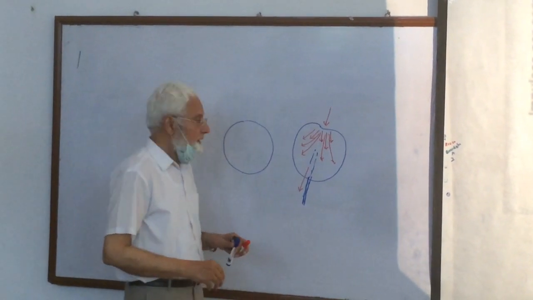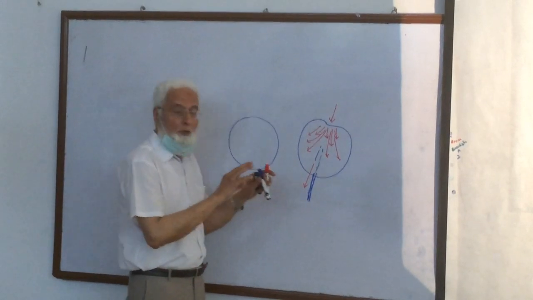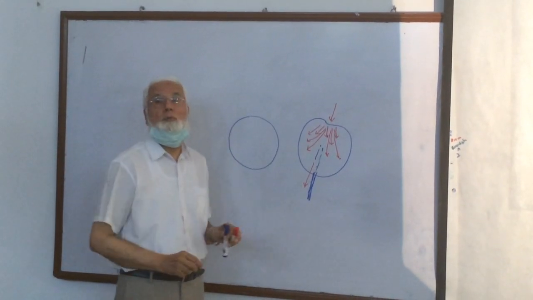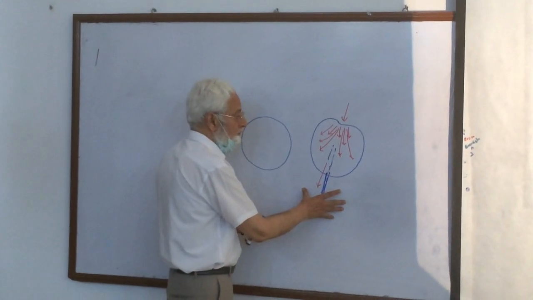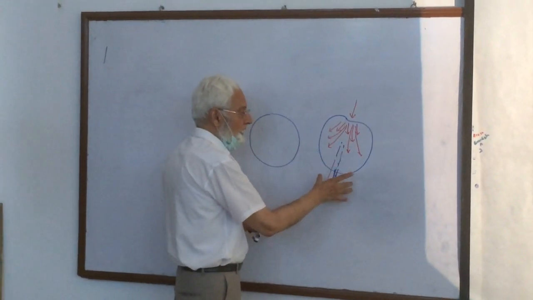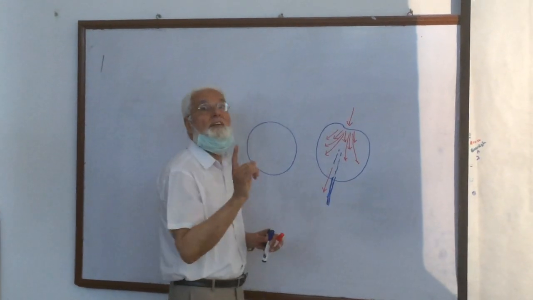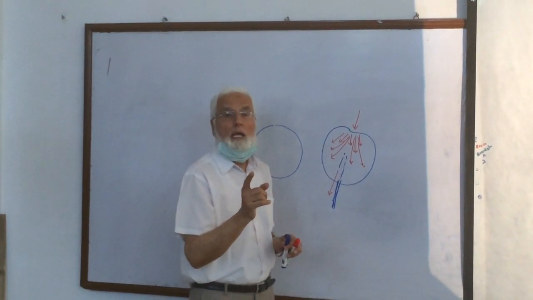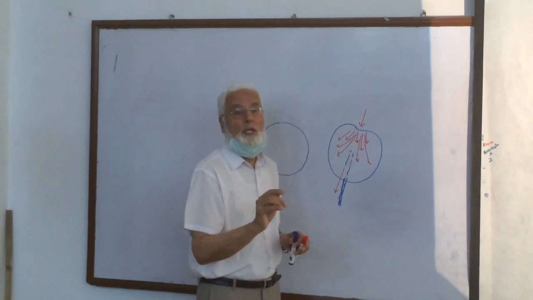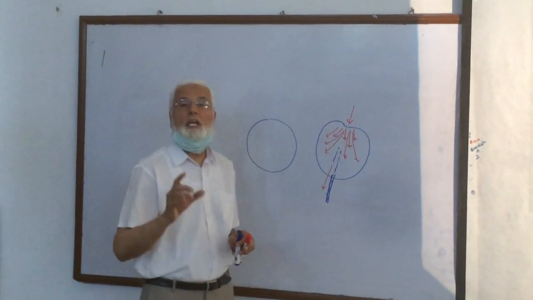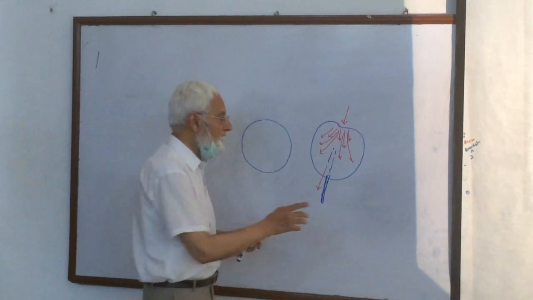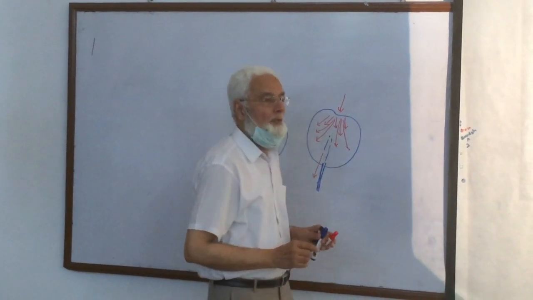So the discharge of impulses from the Pacinian corpuscle along the sensory nerve fiber will decrease. And this is called adaptation. So this is the structural mechanism of the adaptation.